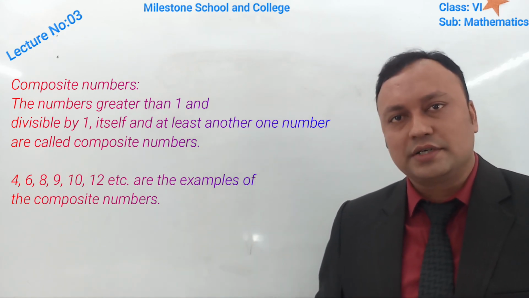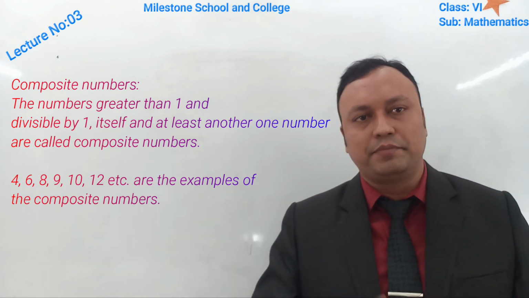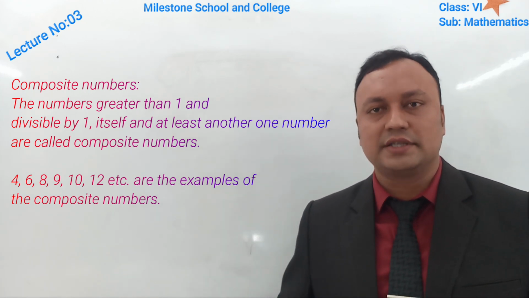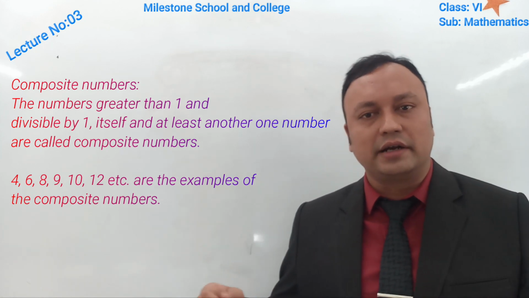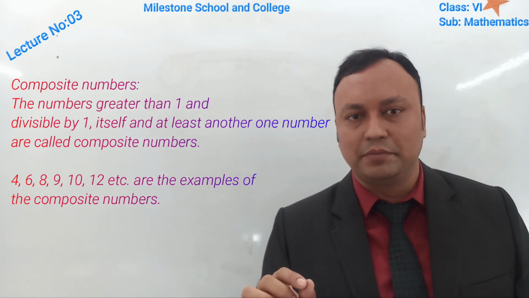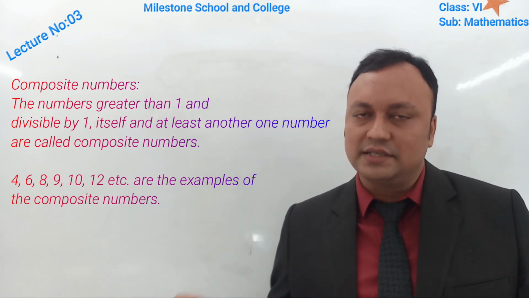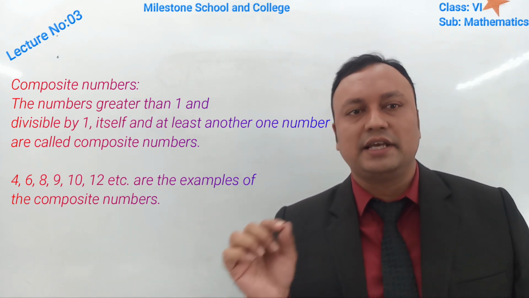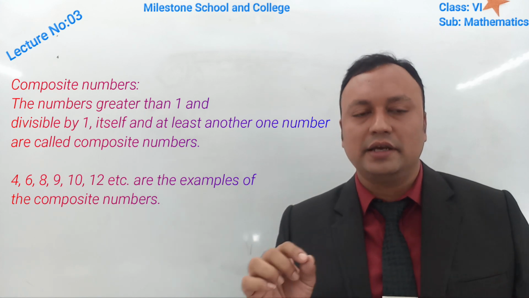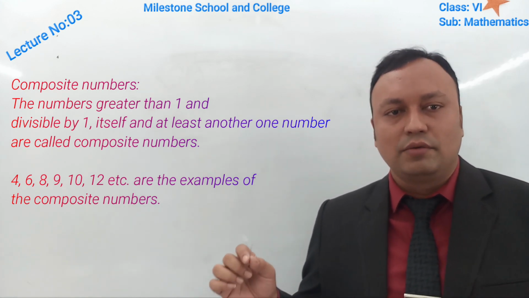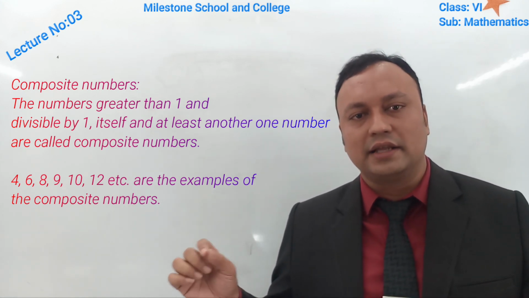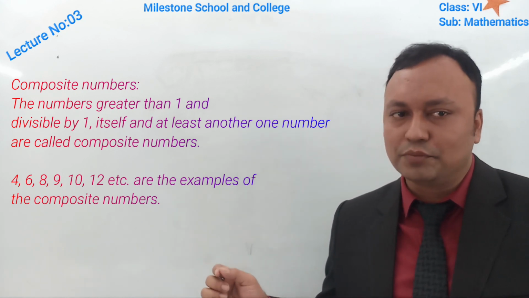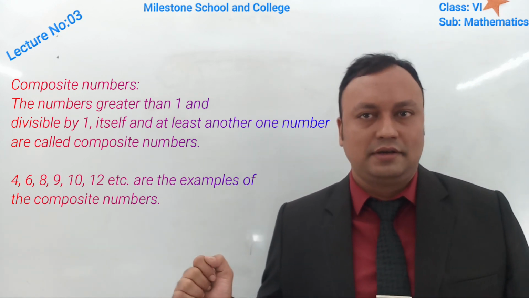So my dear students, there is a difference between prime numbers and composite numbers. As you can see in the definition, the numbers greater than 1, that is the same as prime numbers. Divisible by 1, the same. Divisible by itself, the same, but here there is another thing, that is divisible by at least another one number. These are called composite numbers.